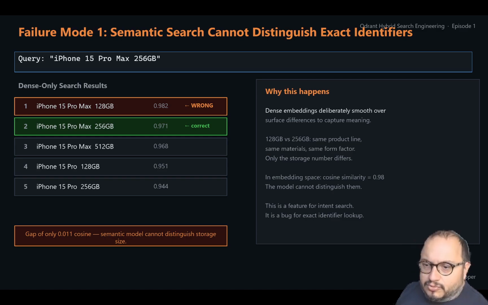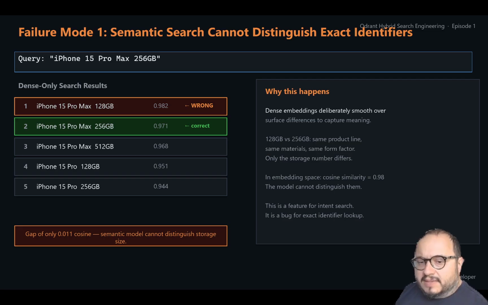Both are iPhones, both are Pro Max, both share every token except one, 128 versus 256. In the semantic space, their cosine similarity is 98%. They are nearly indistinguishable. The search returns the 128GB variant at rank 1 because it happens to appear first, or because of some other latent weighting, and the user gets the wrong product.